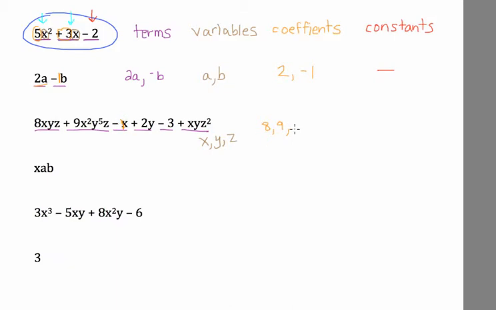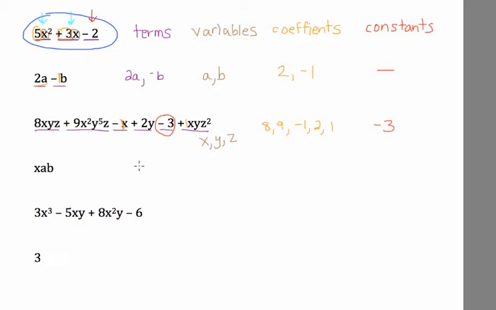Again, when there's no coefficient, it's a 1. Negative 1 would be our coefficient there. Positive 2. And the very last one here, there's nothing there, so it would be a positive 1. Notice I skipped the negative 3. That is a constant term. A number all by itself with no letters attached.